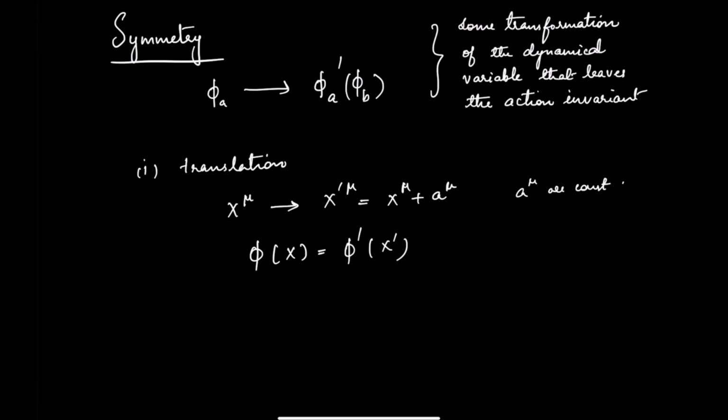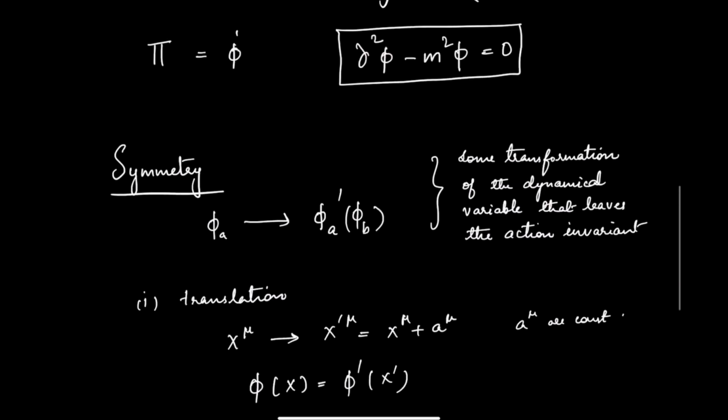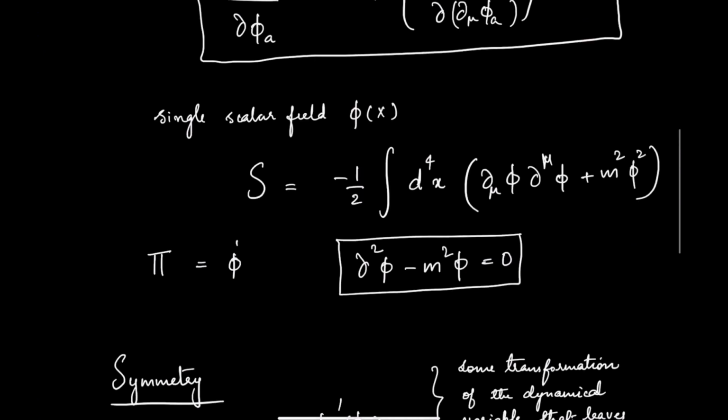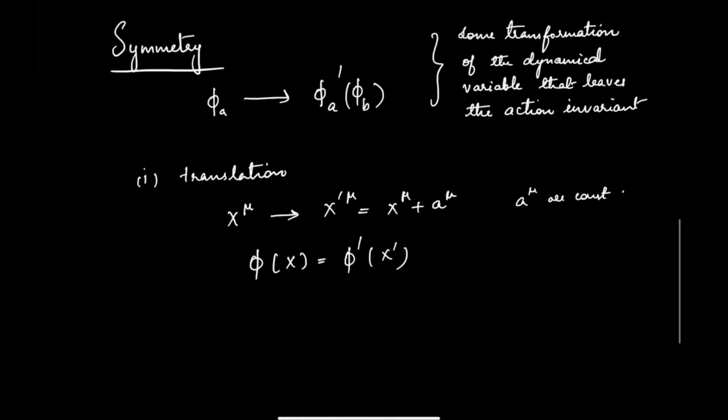So the new field phi prime evaluated at the new location should be the same as the value of phi at the original location. So if you see the action, if phi is invariant, then the action is also invariant. So the scalar field will transform under a general space-time coordinate transformation as phi of x is equal to phi prime of x prime, which means that the labeling changes but the value does not change.